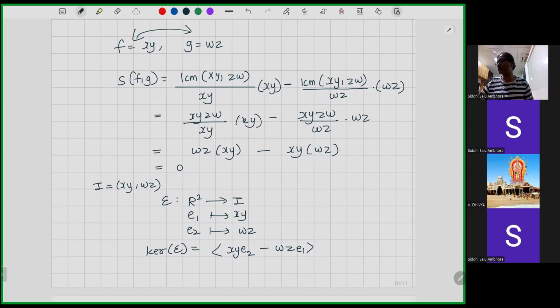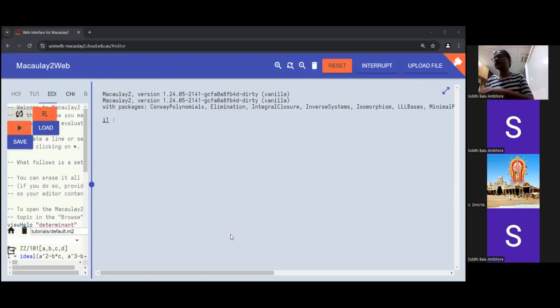Let me share the screen for that. I will show how to do that. Is this visible? Macaulay2 screen, I hope. Let me define this.